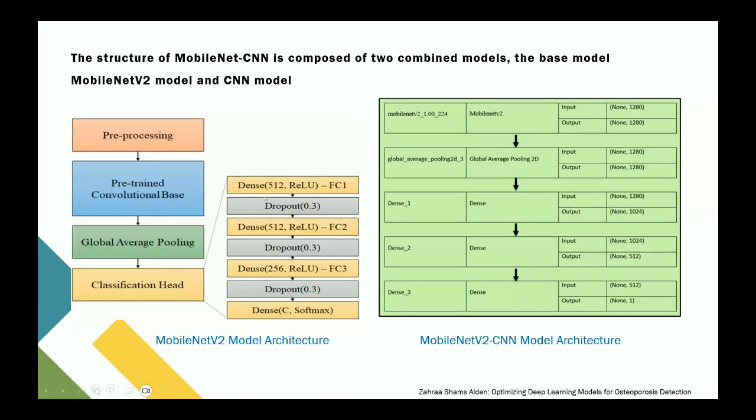And we can see here that between each layer there is a dropout layer, a regularization technique to regularize our model by dropping 30% of the neurons during training.